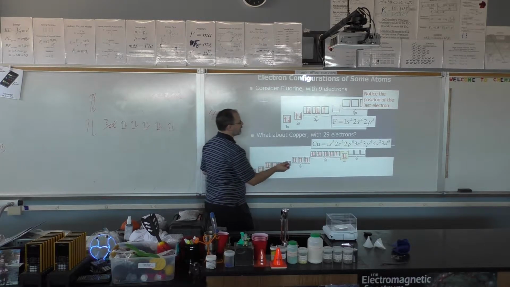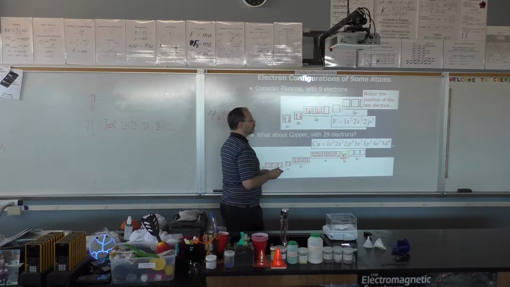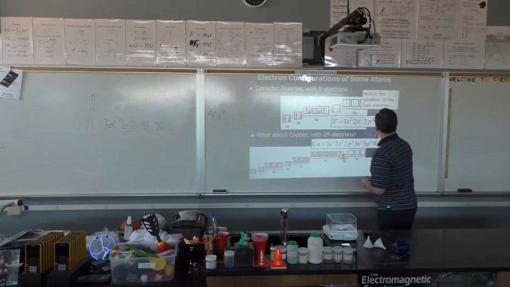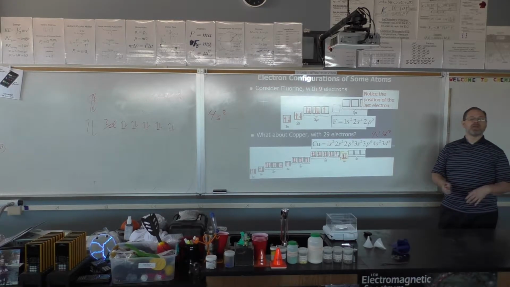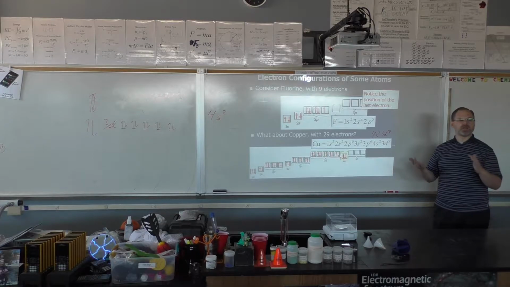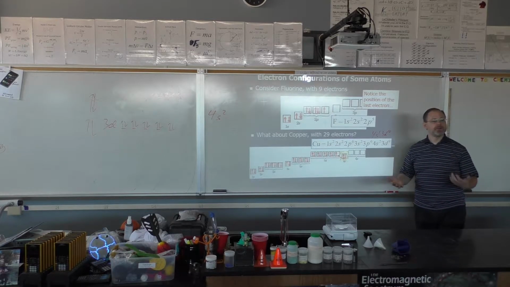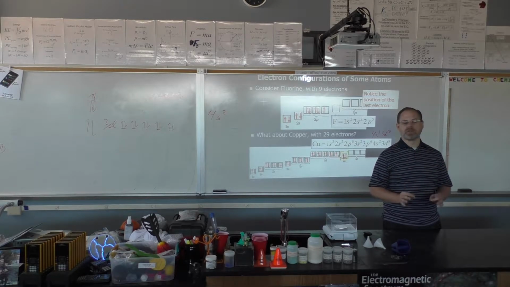What will often happen is this down electron will move into the 3d, and this will become 4s1 3d10. It's an exception. I will never test you on an exception. I'm just telling you, copper is a very special exception to the rule.